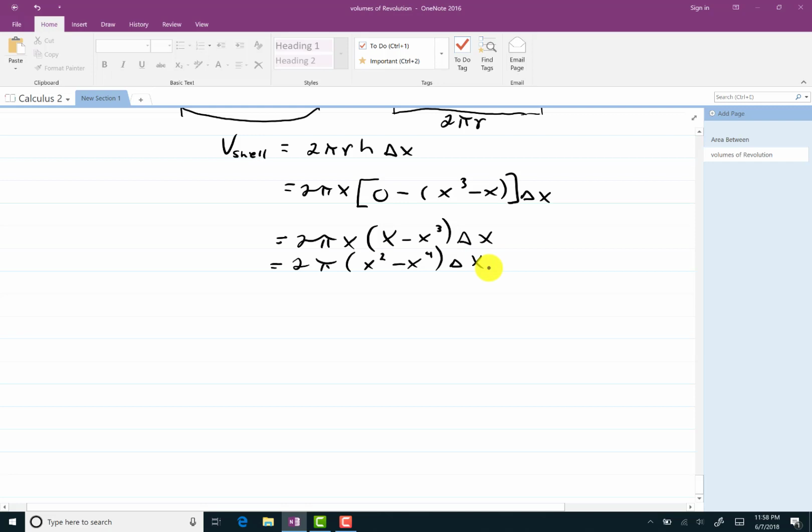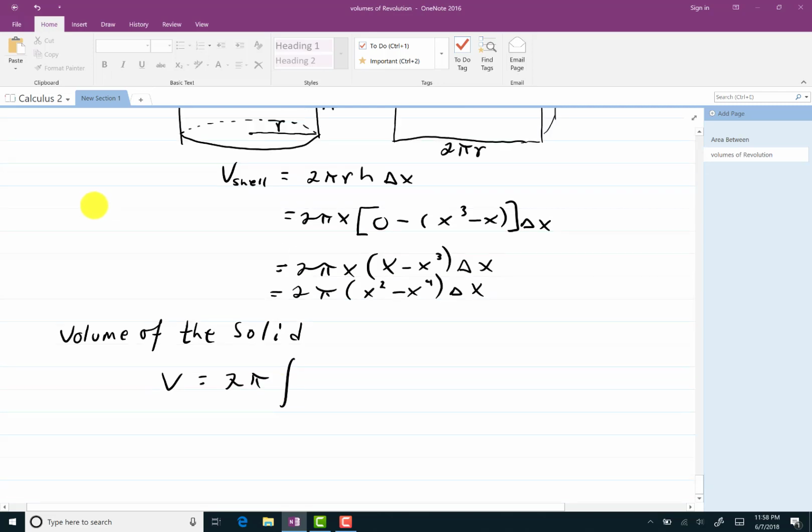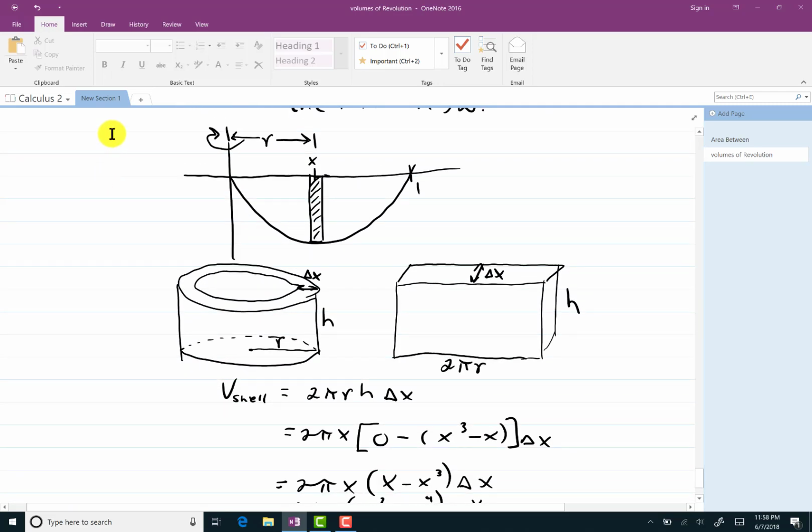So if I want the volume of the solid, well, it's easy then. Copy this. I get 2 pi times the integral. Where did x start? x started when x was 0 and ended when x went to 1.